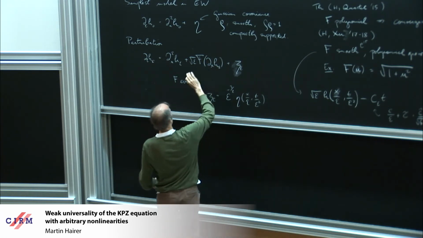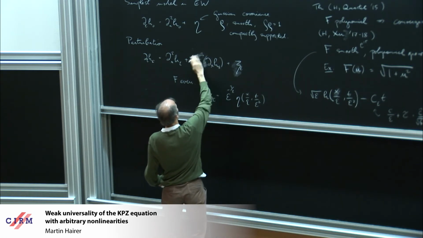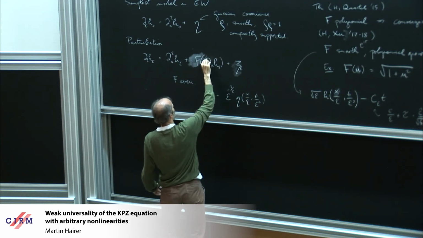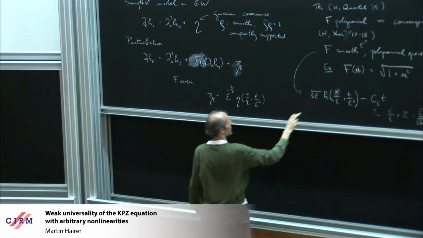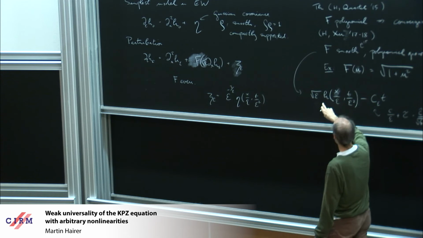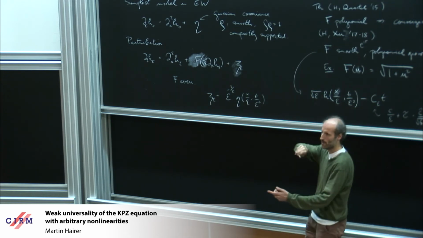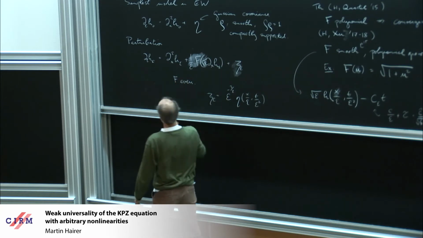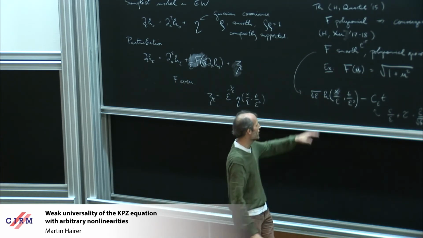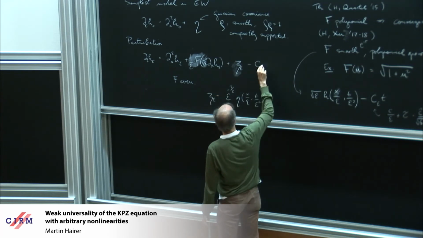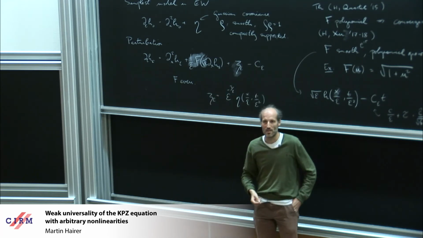And here you pick up a square root epsilon divided by epsilon, but then it turns around because of the change of variable, and you end up with a 1 over epsilon out in front. So the equation that you end up for that guy is this equation here, minus c epsilon.